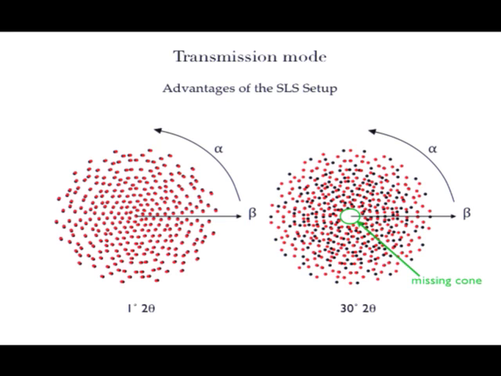One thing I have to point out in this measurement, we get the same problem, a missing cone in the center if we plot it in the correct pole figure way. We see that we have a missing cone in the center that becomes bigger with higher 2-theta angle.